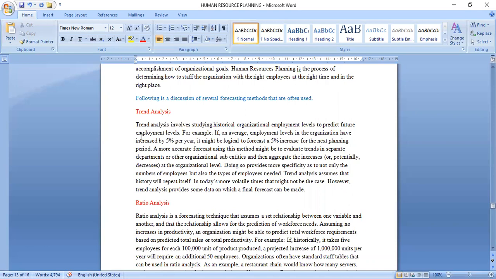For example, using the available data the organization has, you discover that every year there is an increase in employment by 5%. So you're looking at a trend and you discover that every year your organization has been having an increment in laborers by 5%.